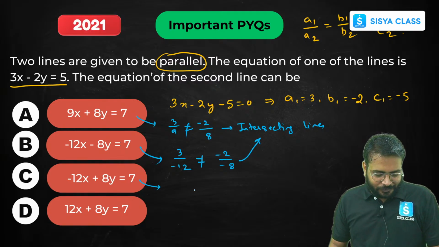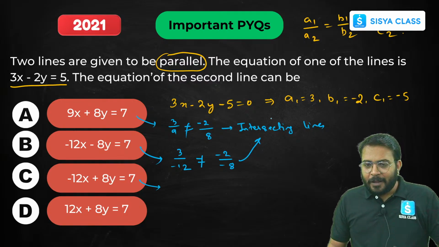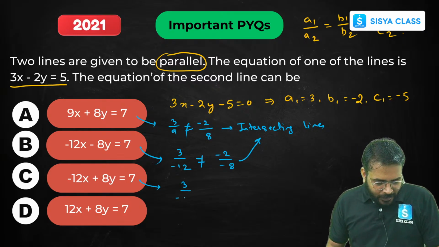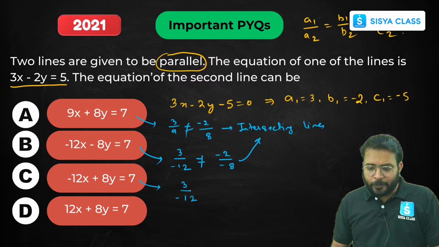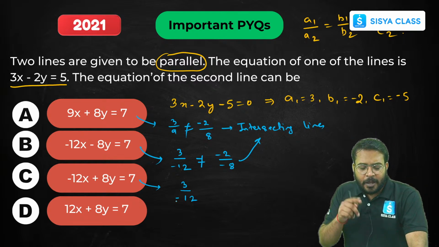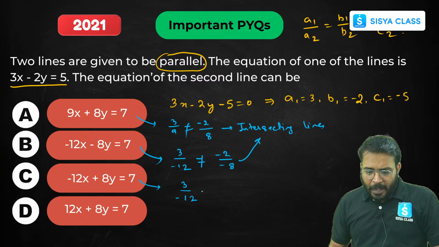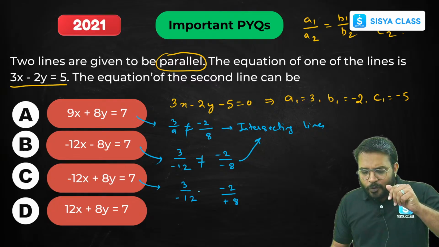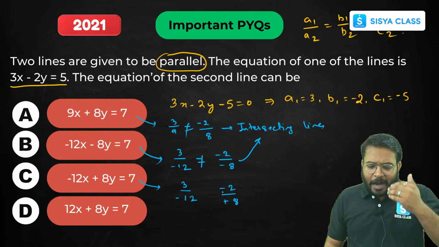Now look here. Third option, beta. We have A1 as 3, A2 as minus 12, and B1 as minus 2, and here we have plus 8. So it is going to be minus 1 by 4 and minus 1 by 4.